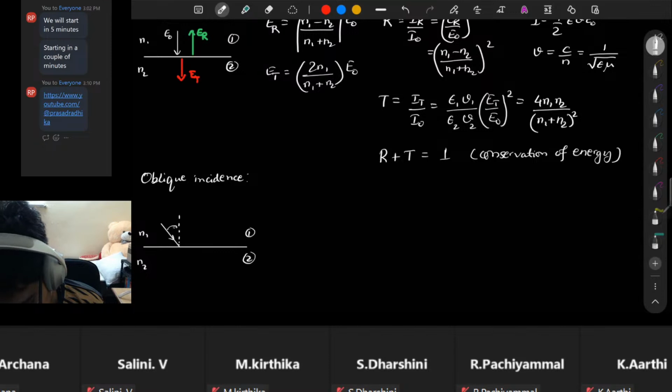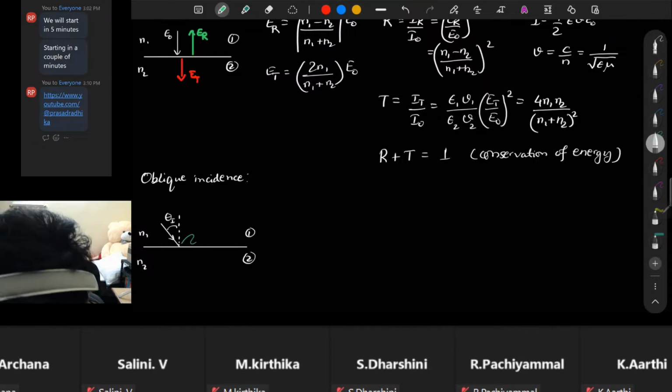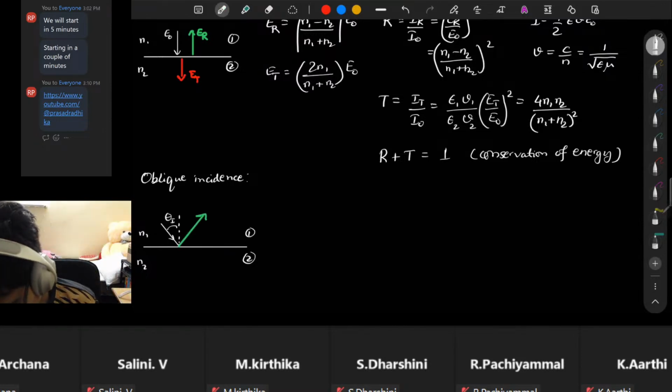It makes angle theta I. Then we have reflected, which goes at the same angle theta I, because incident and reflected angles are the same. Then you have this transmitted, which is at angle theta t.